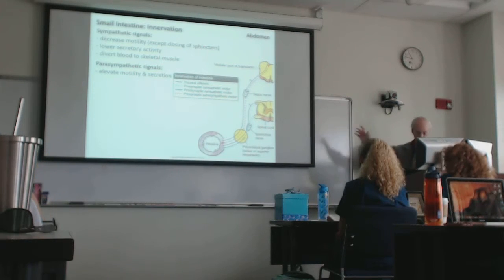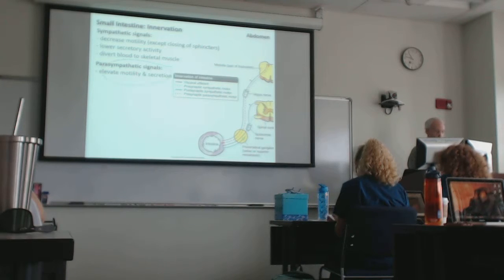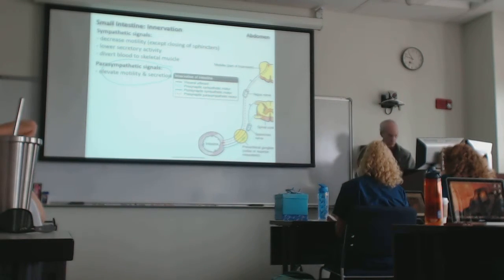But in any case, this is just a reminder that you need to be familiar with the general autonomic pathways that we've already discussed. And of course, this is a discussion of the function. We'll talk more about this in physiology as time permits, but in general, sympathetic signals tend to suppress GI tract activity. Parasympathetic signals, rest and digest, tend to enhance both motility and secretion.